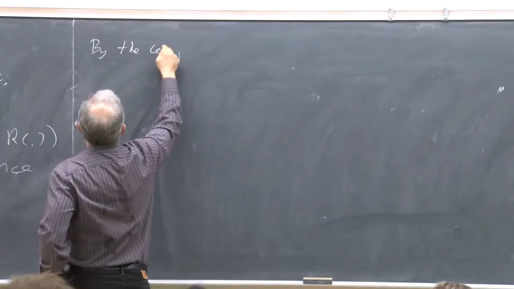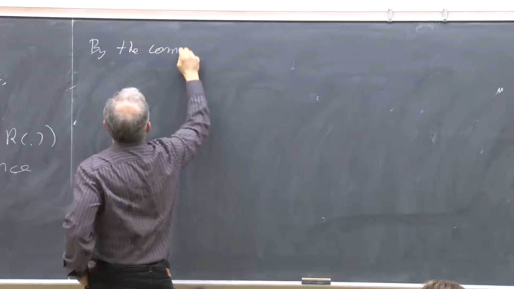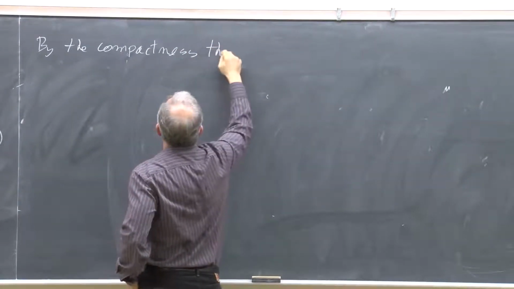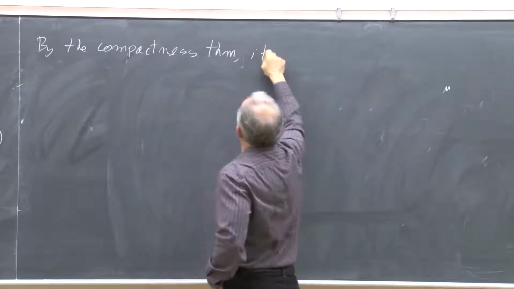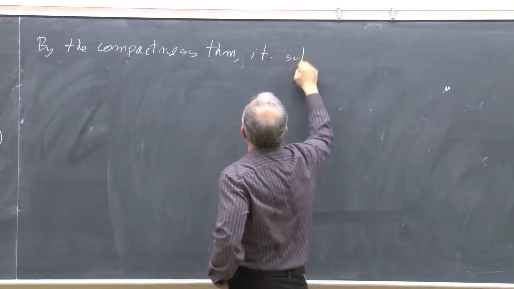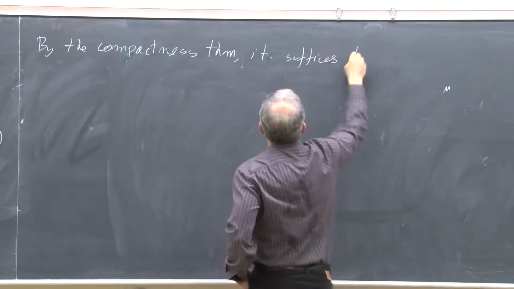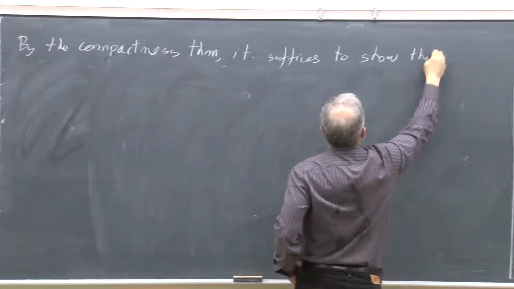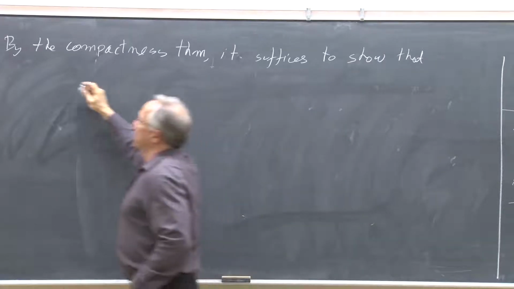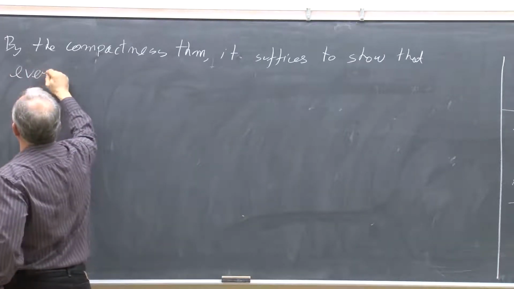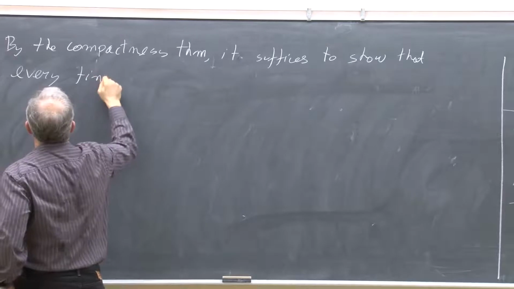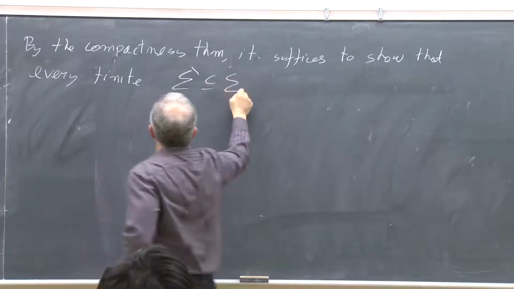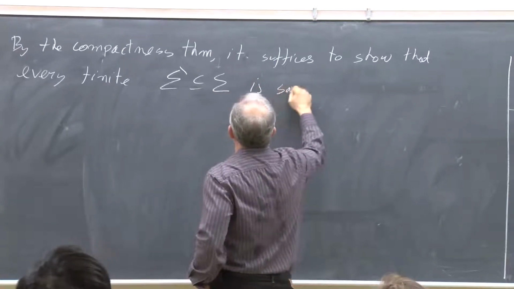by the compactness theorem, it suffices to show that every finite, call it, say, sigma prime subset of sigma is satisfiable.